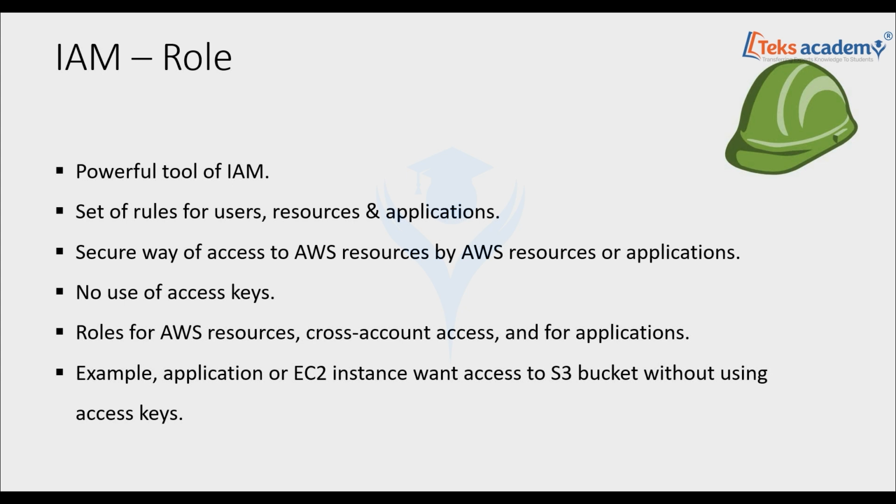Like if we want to access the S3 bucket from an instance, for that we need to use the AWS CLI. When we are using the AWS CLI, we need to first configure it by adding the access key and the secret access key, which are the login credential type of keys for getting access to AWS resources using the AWS CLI.